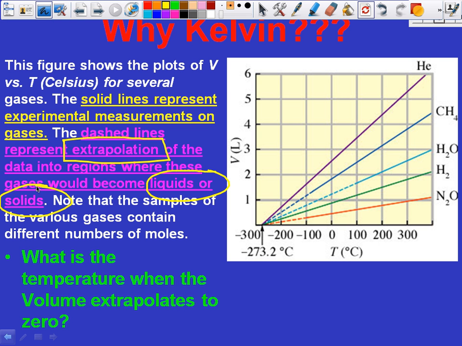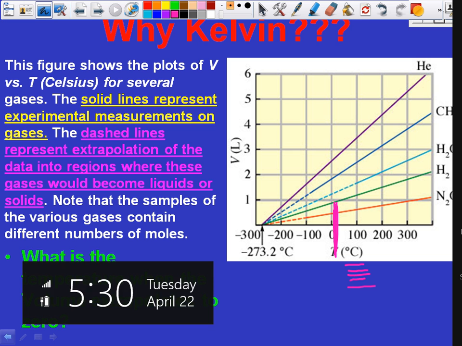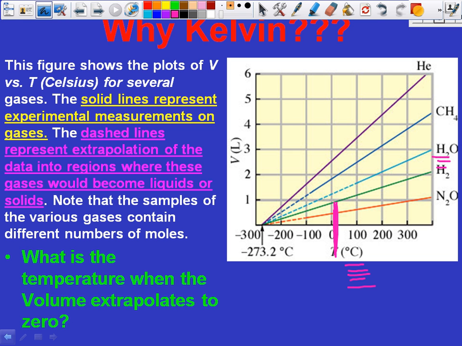Now, why in the world would a gas that's running 1,000,000 miles an hour all of a sudden turn into a liquid or a solid? Well, I need you to notice something. Look at this temperature. Right here is 0, and look at what it is. It's in Celsius. So we know that water, which is right here, will freeze at 0 Celsius. So notice what it's coming to. At 100, water does what?